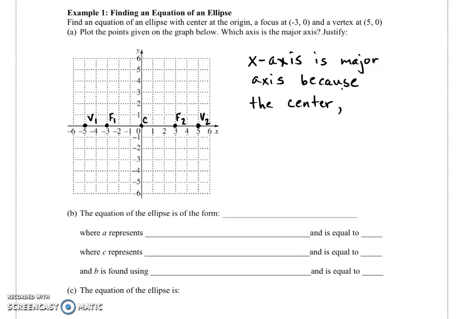So, again, the x-axis is the major axis because the center, foci, and vertices are on the x-axis.